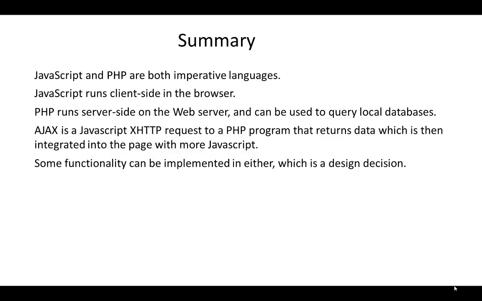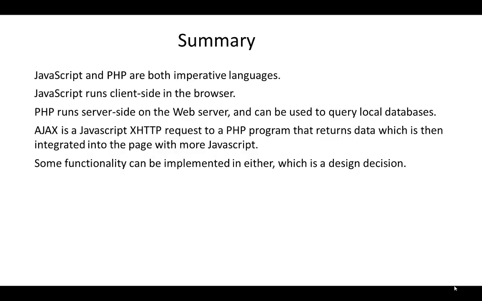Okay, so summary, we know JavaScript and PHP are both imperative languages. We know where they run, one's client-side, one's server-side. We can build PHP programs that allow us to access the data in our database, returning GeoJSON in this case.